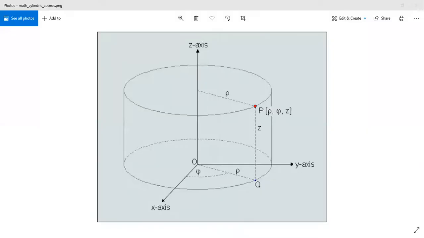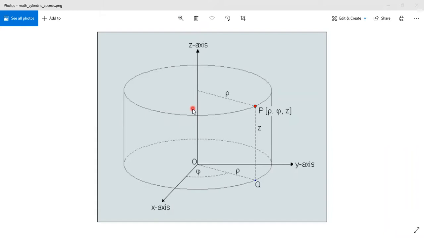Can you see this? I think you can see this one. What is this? This is a cylindrical coordinate system.